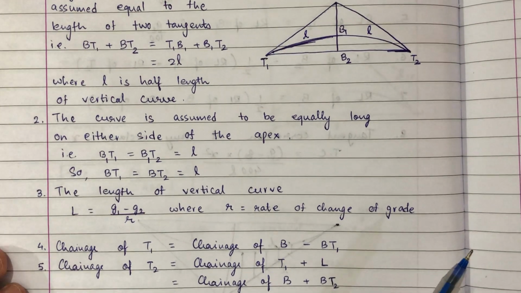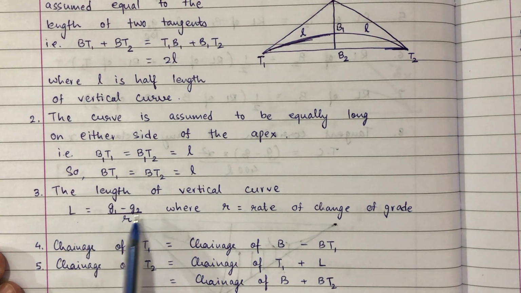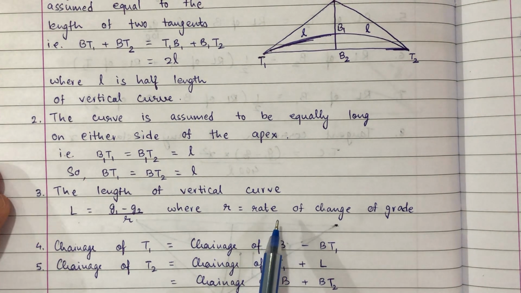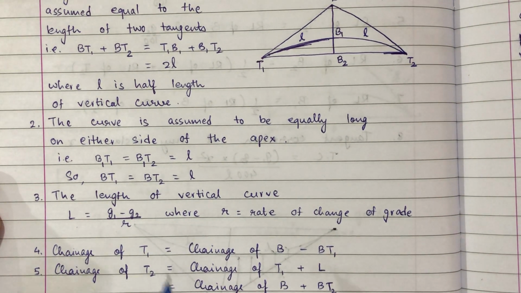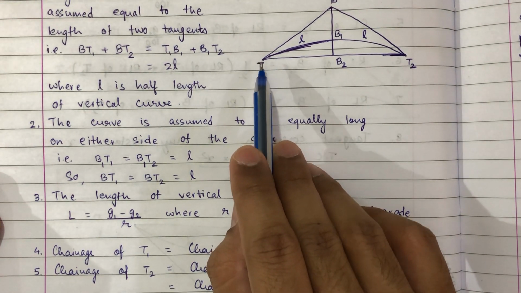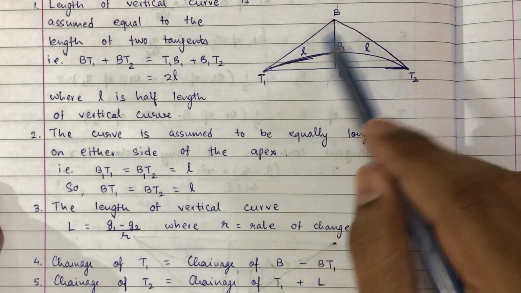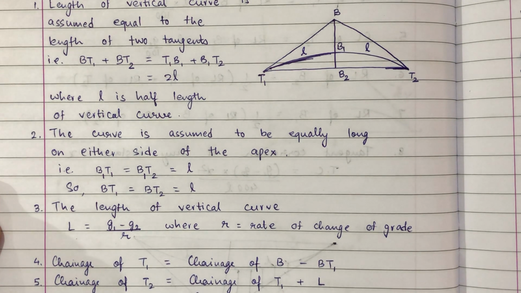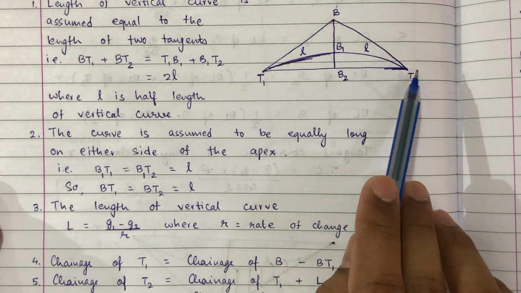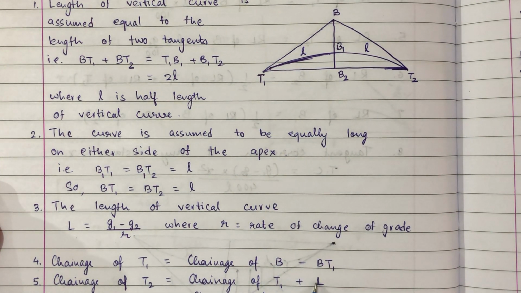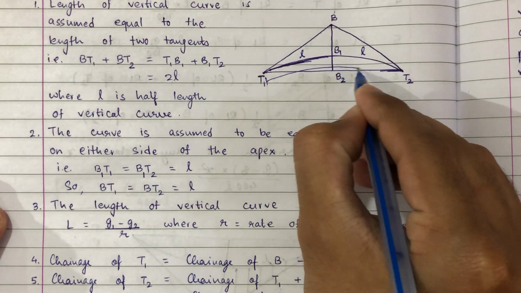Next is the length of vertical curve. The formula is given as capital L is equal to (G1 minus G2) upon R, where R is the rate of change of grade. This we have already seen in the previous video. Then chainage of T1 is given as chainage of B minus the length BT1, and chainage of T2 is given as chainage of T1 plus the length of vertical curve L, that is the distance from here till here.